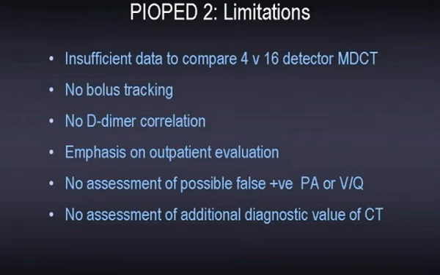And there was really no evaluation of the possible false positives of pulmonary angiography or ventilation perfusion imaging, and no assessment of the additional value that CT offers in the evaluation of a patient. So when this study is eventually formally published, it behooves us all to look at the details of the study, because this is going to be a point of discussion for many years to come between clinicians and radiologists as to the limitations and value of multi-detector CT.